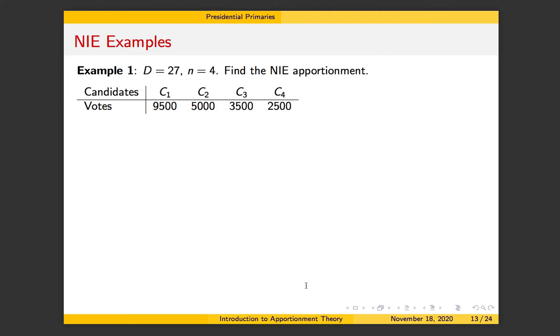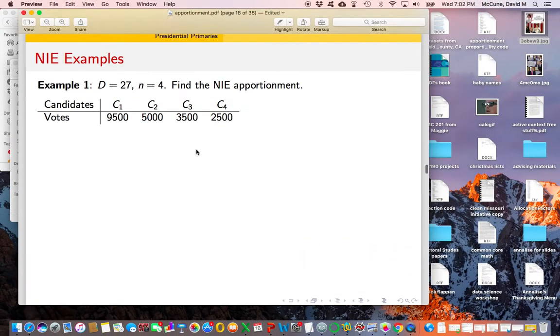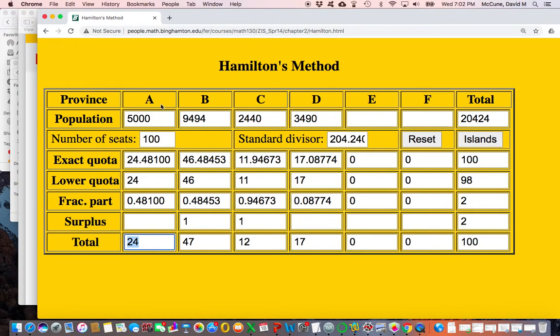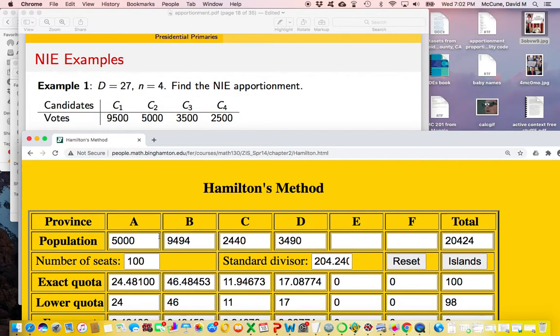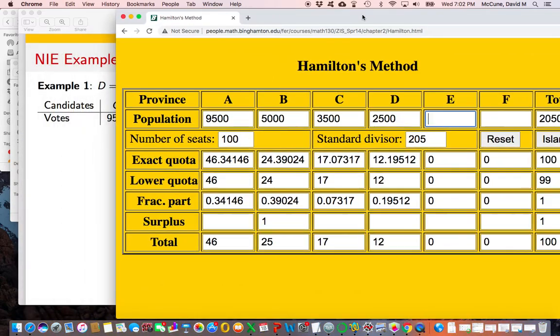So here's an example. Let's find the NIE apportionment this time. D is 27. So again, even though this is a Hamilton's method calculator, because it shows you the quotas, I would use it for this. So these are ordered from biggest to smallest. Okay, so here are the quotas. So if you're using NIE, you round like normal.